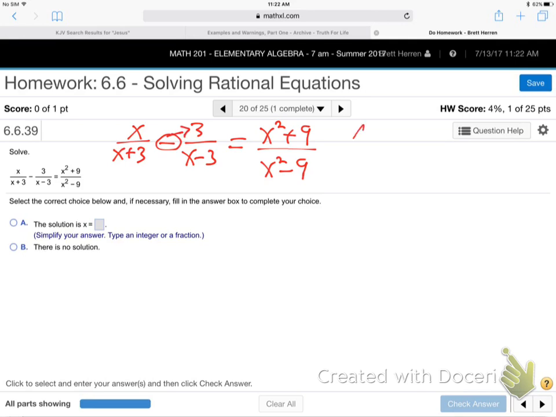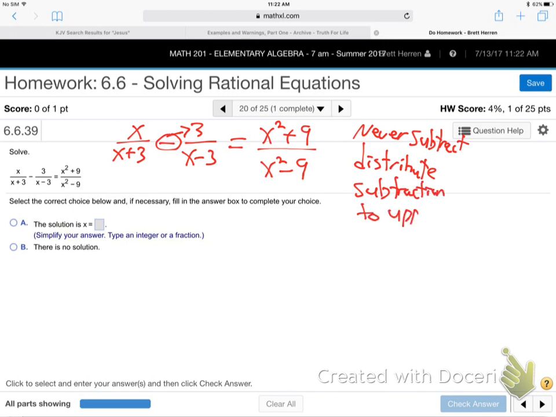Never subtract. I don't know how clearly I said that yesterday, but never subtract. Move or distribute. Distribute subtraction to the upper right and add.